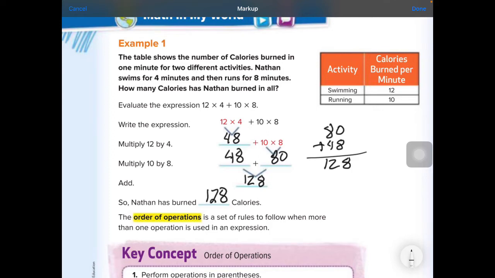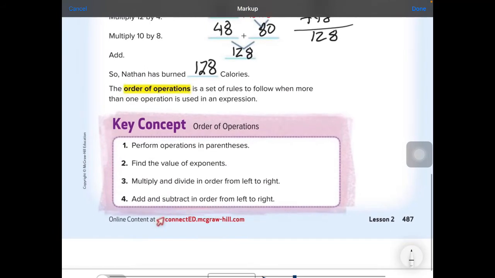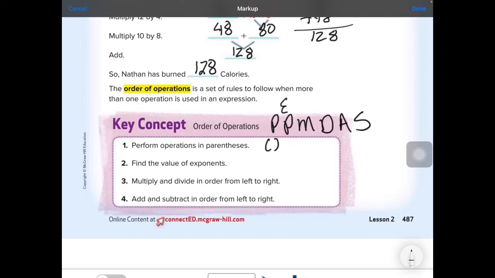The order of operations is a set of rules to use. So we do parentheses first. Pretty please, my dear Aunt Sally. So we have operations. We do parentheses. And then we do the value of exponents, or I like to say powers. So I guess this could also be an E for exponents.